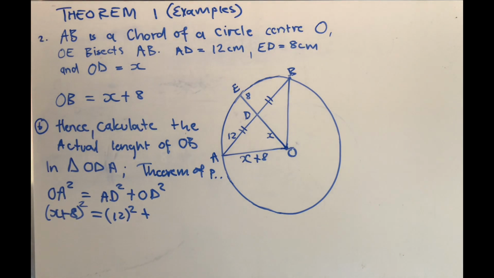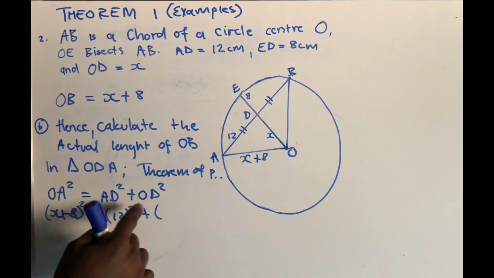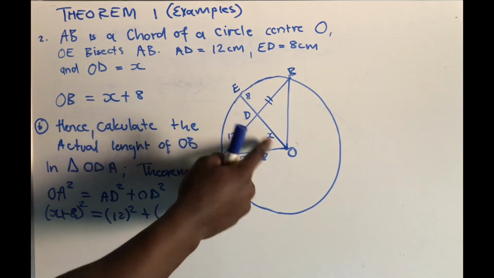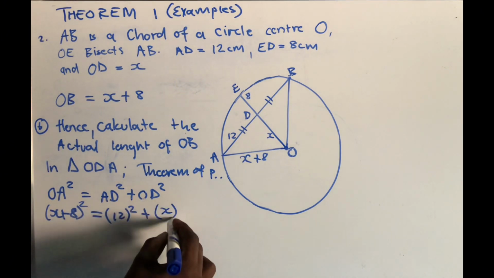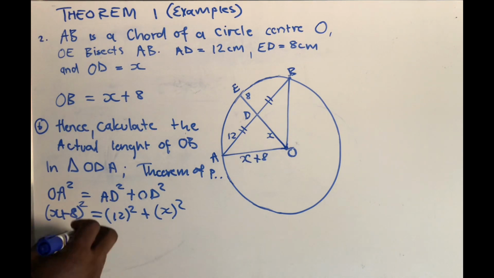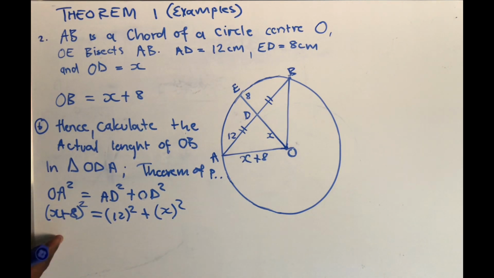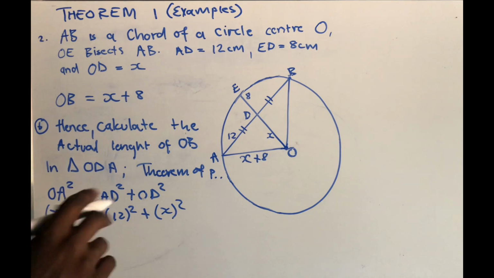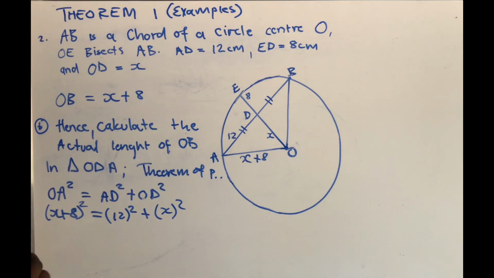We square this 12 centimeters. OD is X. We square them. X plus 8 squared. You can open two brackets separately and solve this.